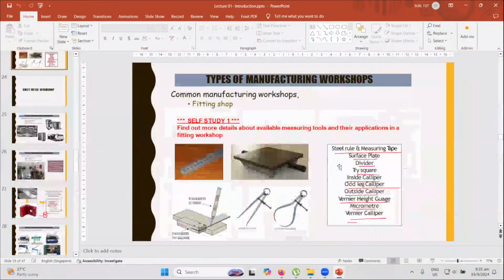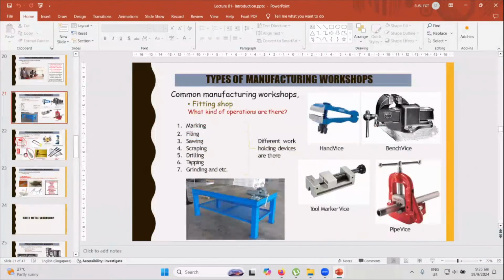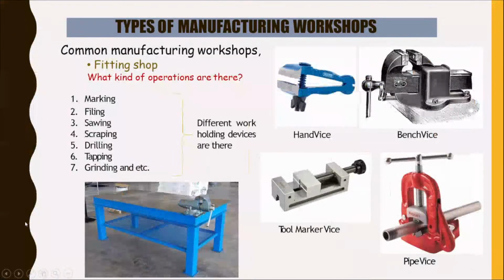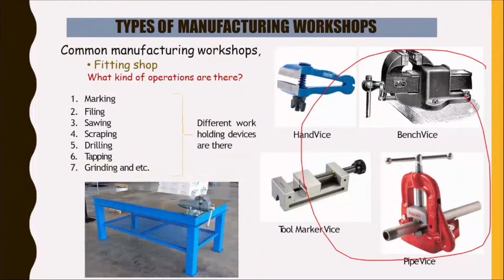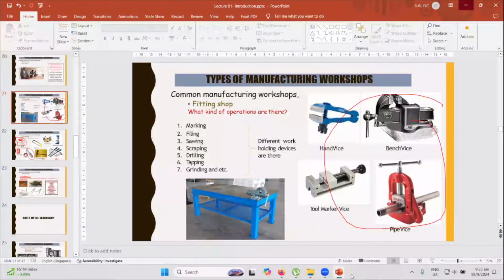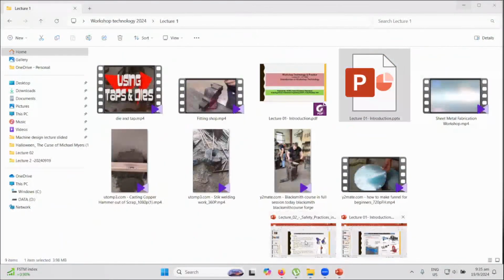In the fitting shop, you can use this kind of vice, right? I think I explained it in the last lecture. You can use this kind of vice to handle a workpiece and any other material. Okay, here.